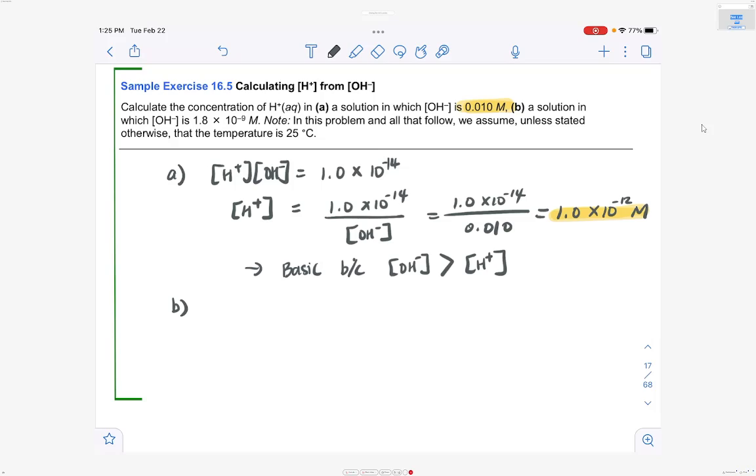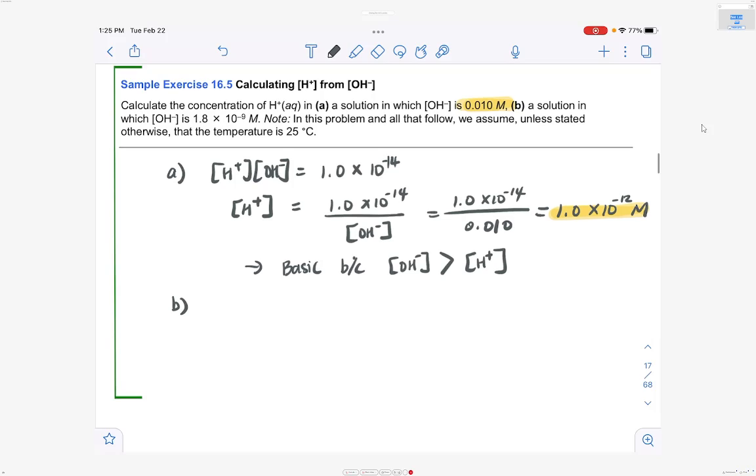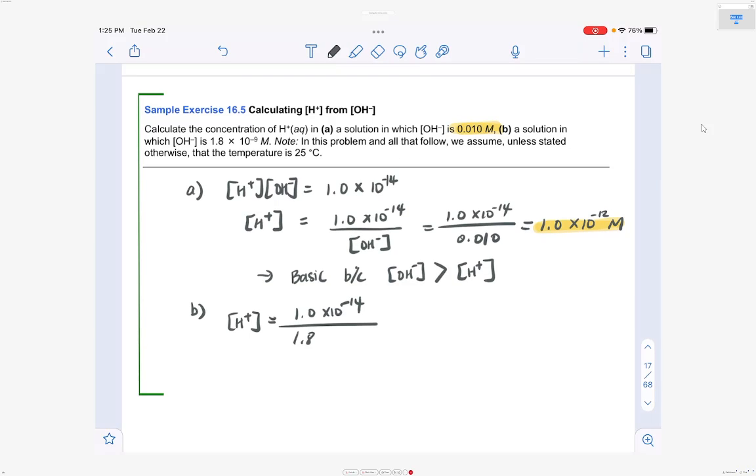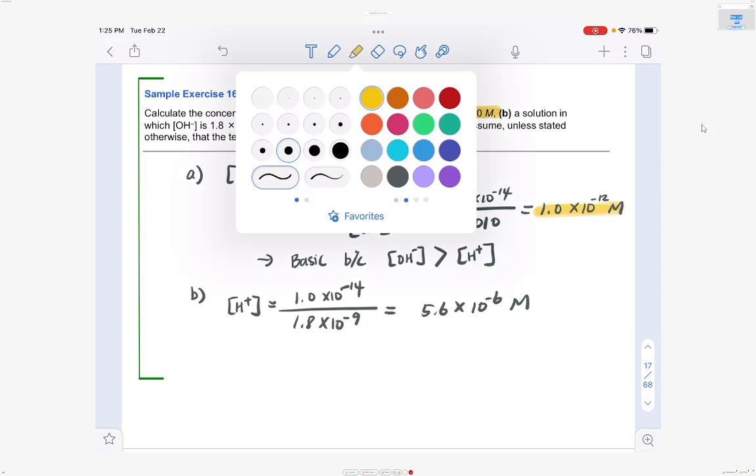Moving on to question B, just as in A, in order to find the proton concentration, you will take the Kw value divided by the concentration of OH, which is 1.8 times 10 to the negative 9, which equals 5.6 times 10 to the negative 6 molar. Okay, all right, so is this solution acidic or basic?